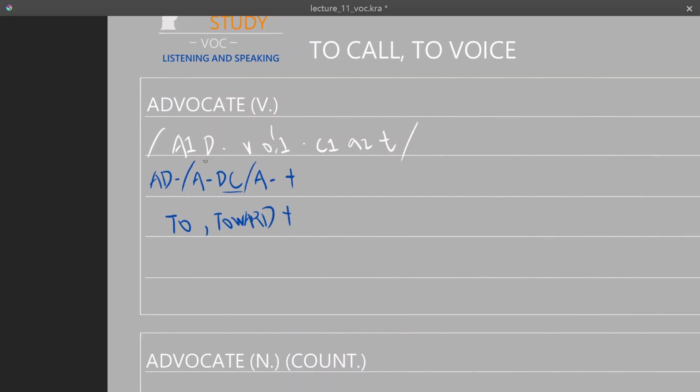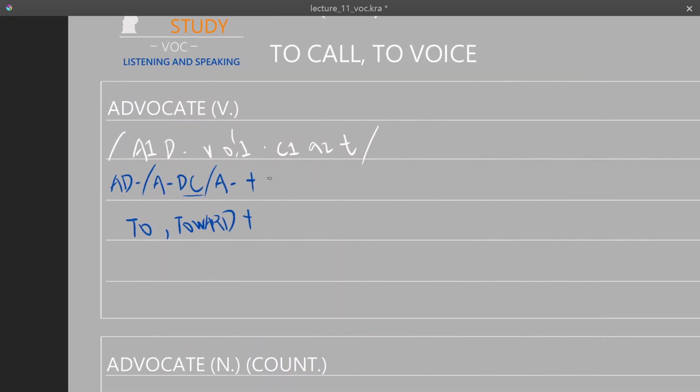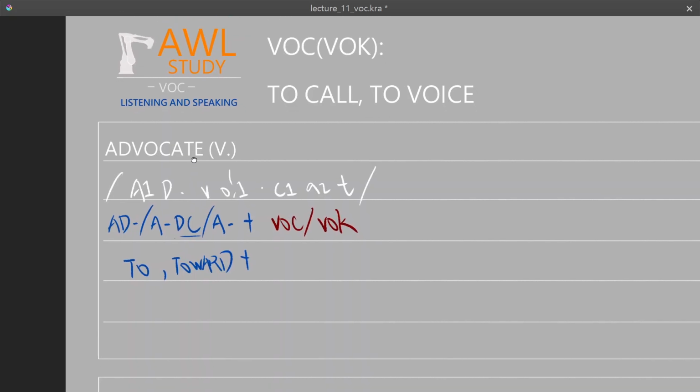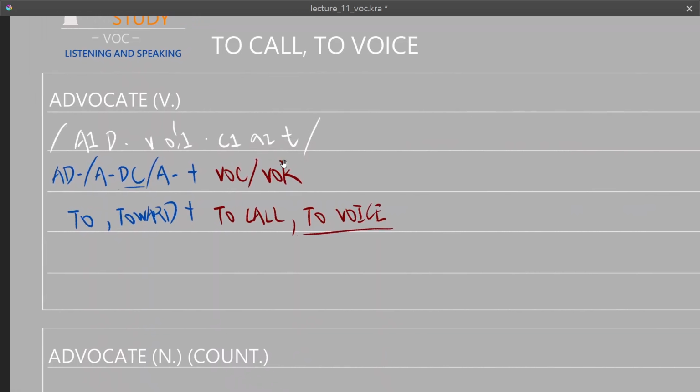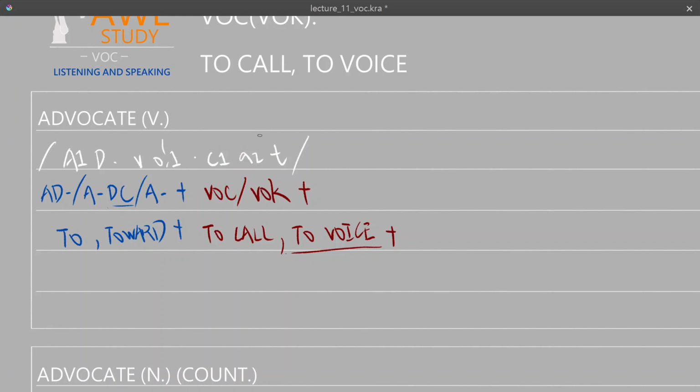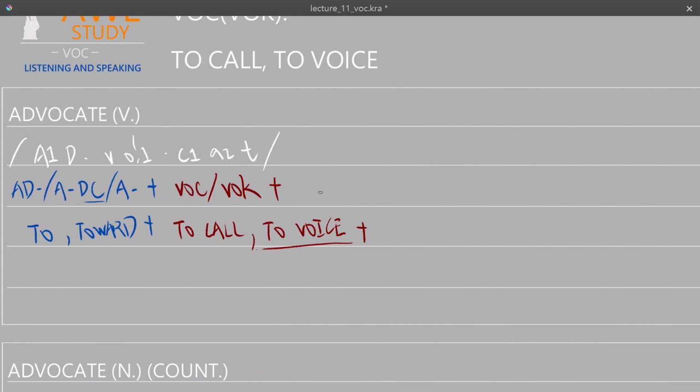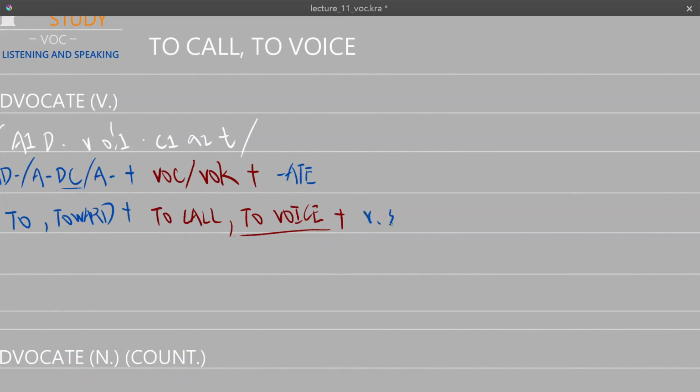And we have the root VOC, meaning to call or to voice. It means to voice in this case. And lastly, we have the verb suffix ate.